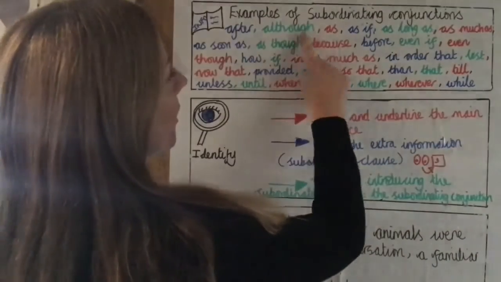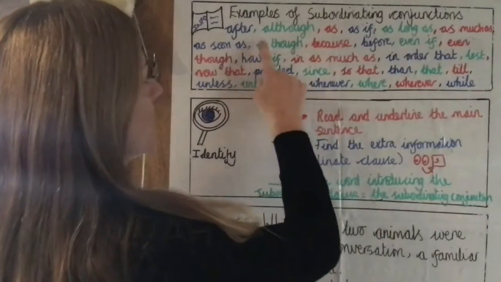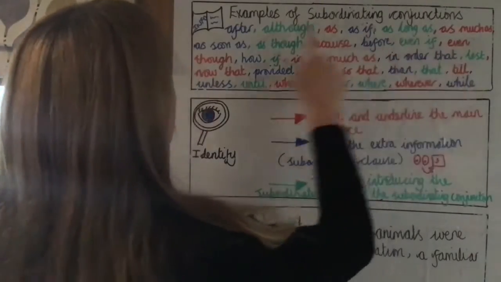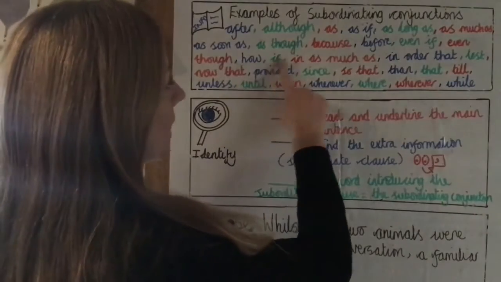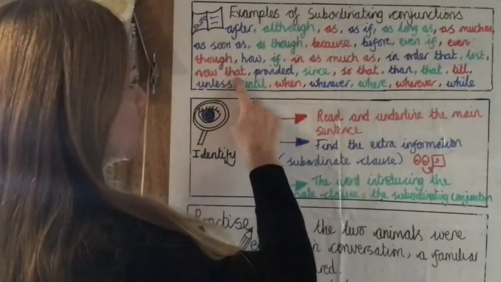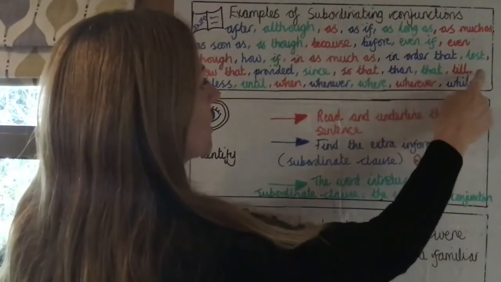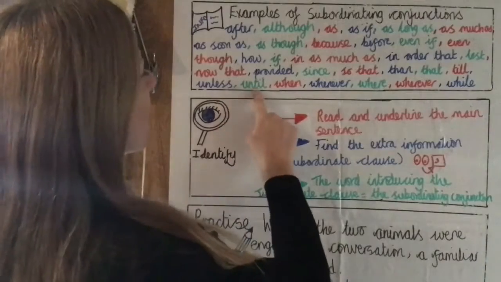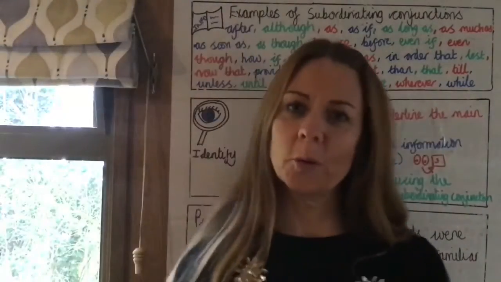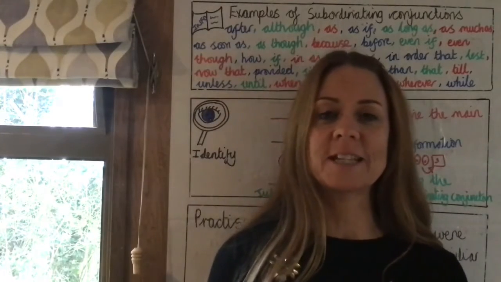So after, although, as if, as long as, as much as, as soon as, though, because, before, even if, even though, how, if, inasmuch as, in order that, lest, now that, provided, since, so that, than, that, till, unless, until, when, whenever, where, wherever, while. Whew. So that's just an example of some subordinating conjunctions.